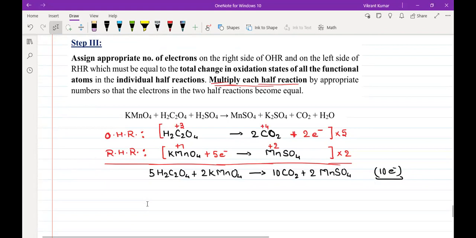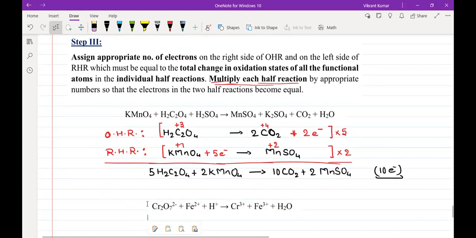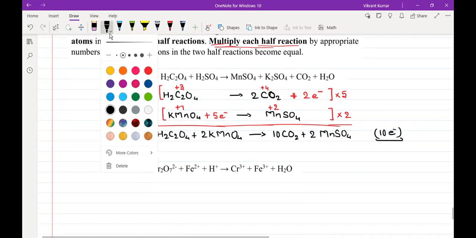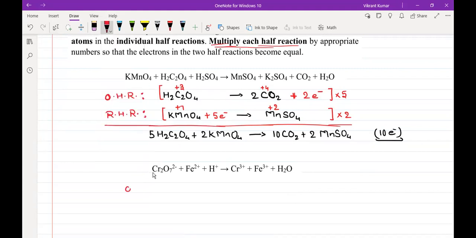So if I give you another example, in this step also, I have to write the OHR and RHR. What we did, I'll simply repeat it. In the OHR, oxidation was happening with Fe, which was going from +2 to +3.